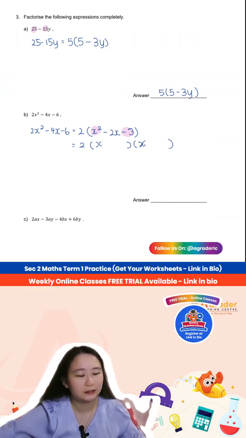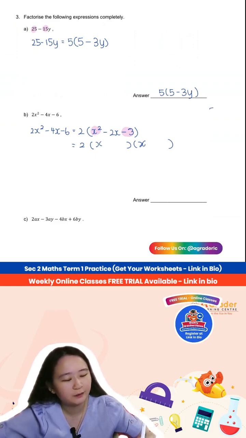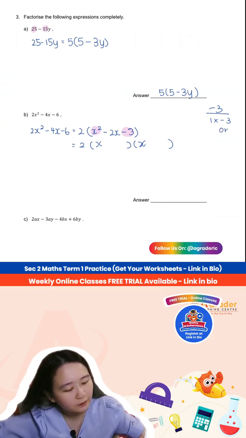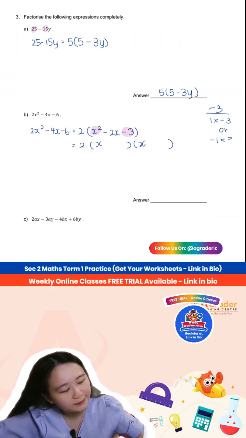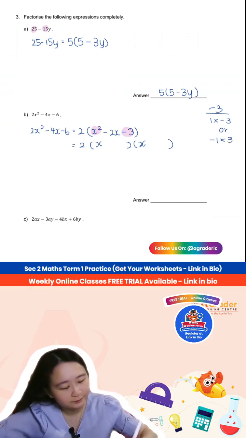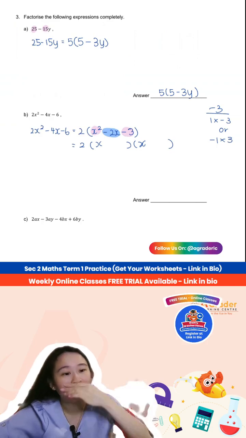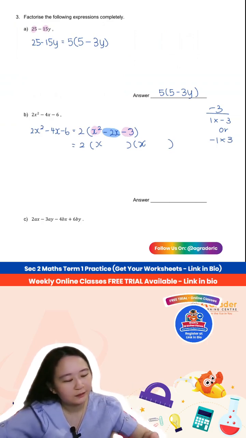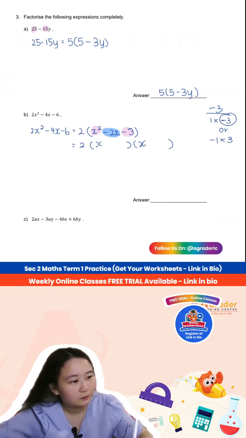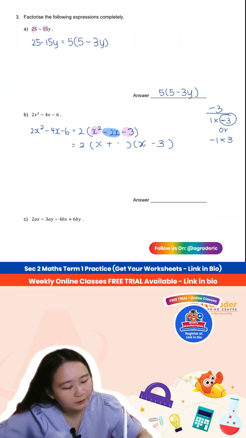And then for negative 3, factors of negative 3, it can only be either 1 times negative 3 or negative 1 times 3. So you see that the middle term here is negative 2x. So definitely you want your bigger number to be the negative one. So minus 3 plus 1.